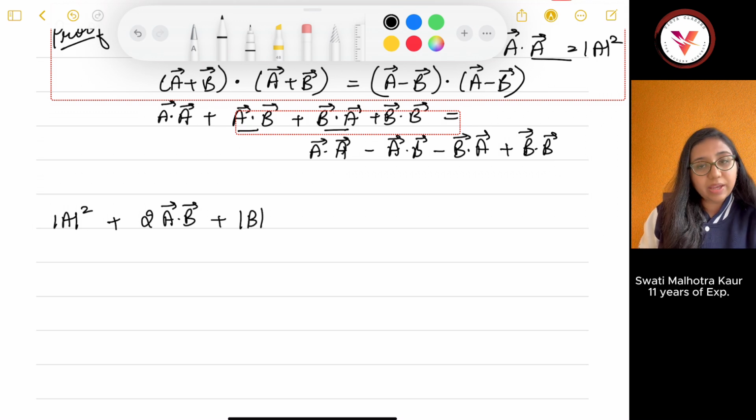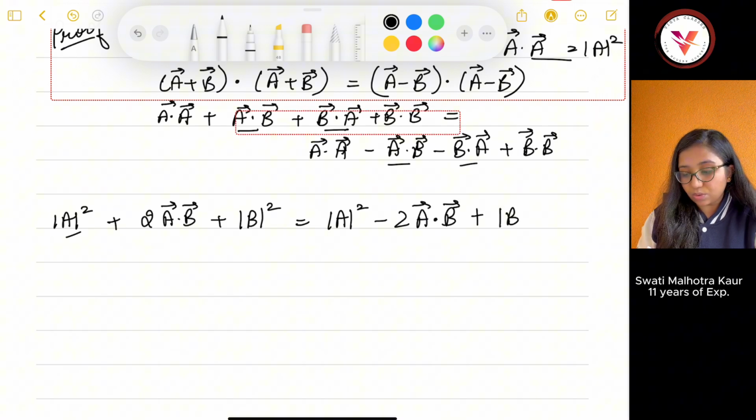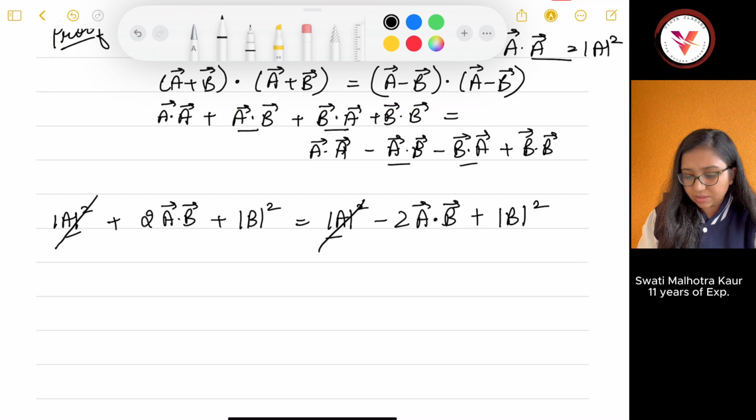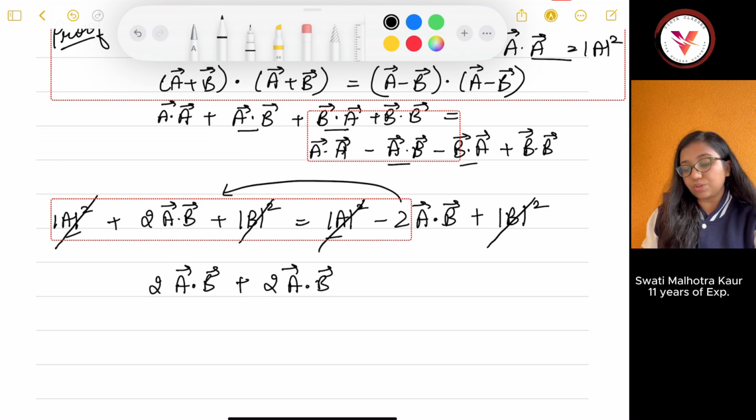And now magnitude of A is a scalar thing. Here also it's magnitude of A square. This becomes minus A dot B minus A dot B, minus 2 A dot B, and this becomes magnitude of B square. Now this term and this term cancel each other. This is simple maths. And if you take this here, this becomes 2 A dot B plus twice of A dot B. Take both, and is equal to 0.